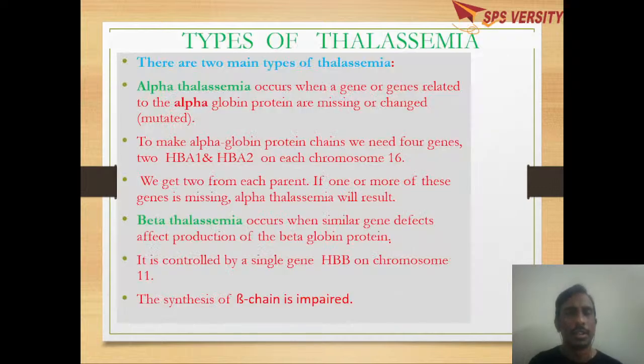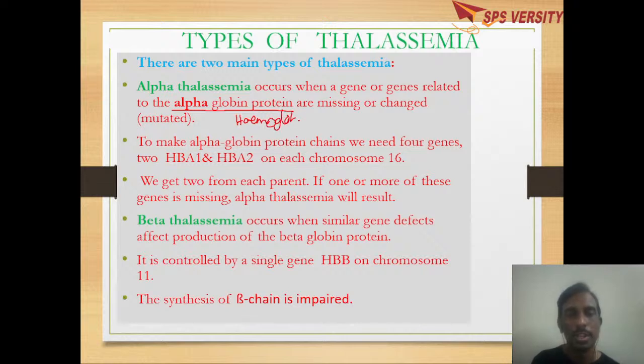What is the reason for this? If you take hemoglobin, in hemoglobin there are alpha and beta chains. In alpha thalassemia, the genes related to the alpha globin protein are changed or mutated.